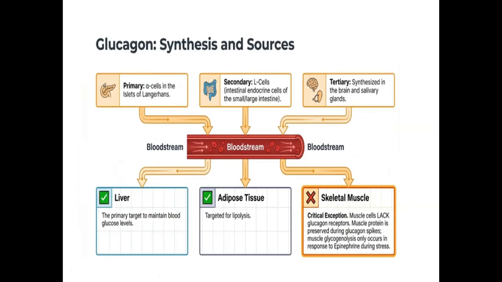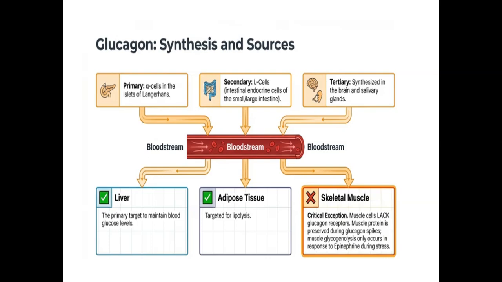So here, the pancreas is the primary source, but it is not the only one. Glucagon is not only synthesized by the pancreas, but also by secondary sources and tertiary sources.